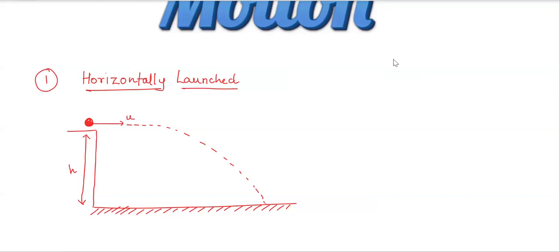In this horizontal launch, you will see that a projectile takes a curved path. If I draw different points, you will see that since there is an acceleration in the downward direction and no acceleration in the horizontal direction, if I resolve the velocities into two components, the horizontal component of the velocity won't change, but the vertical component of the velocity is increasing because of gravity.